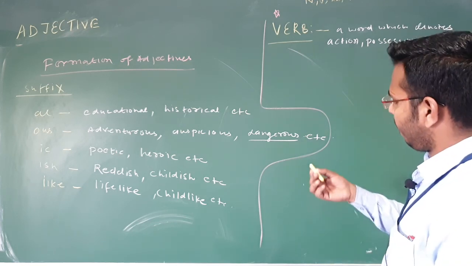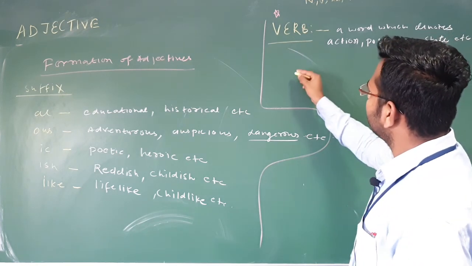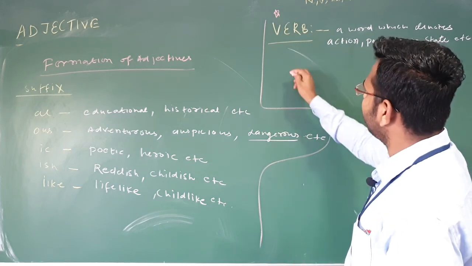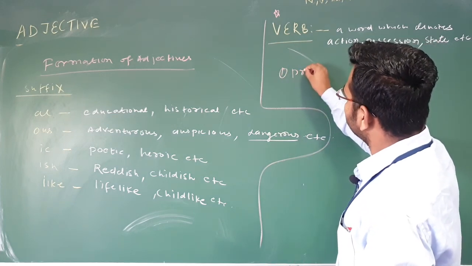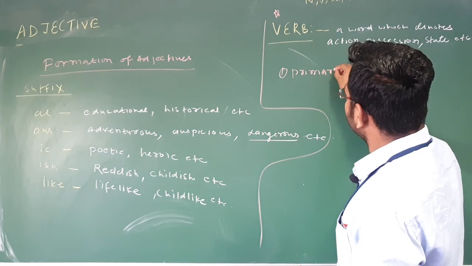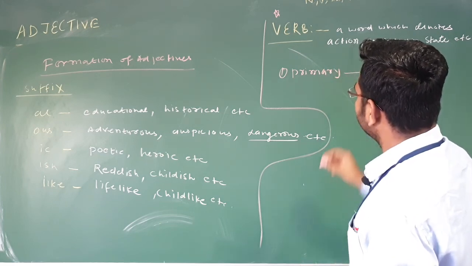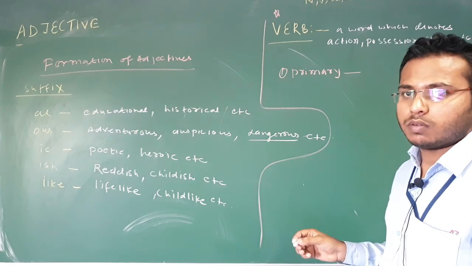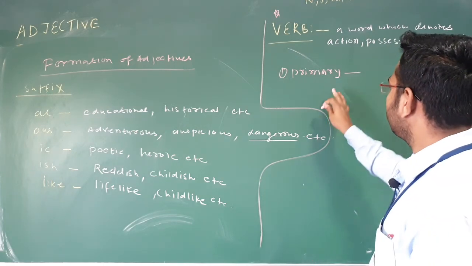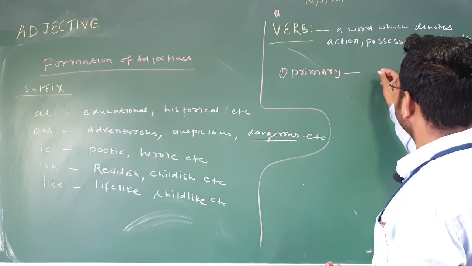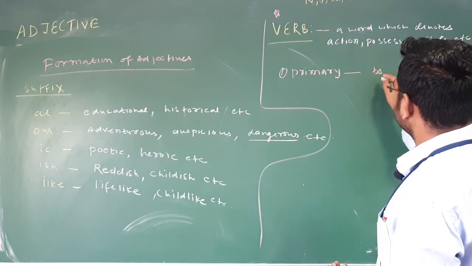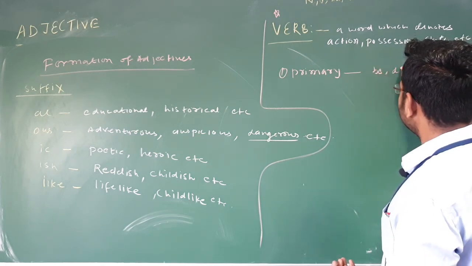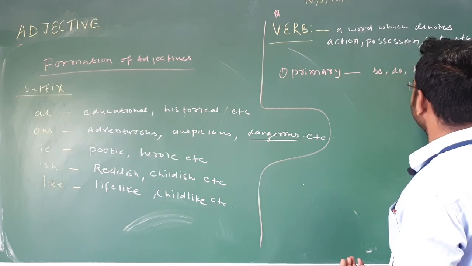For example, we have primary verb, which we also say primary auxiliary verb. Okay, auxiliary verb, primary verb. So we say form of be, form of do, form of have.